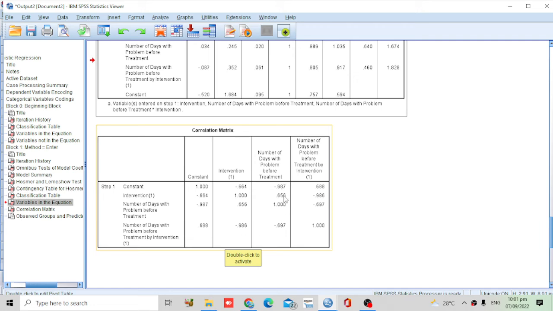As you can see also, the correlation between the intervention and the number of days with problem before treatment is also greater than 50%. So meaning there also exists collinearity. So basically collinearity exists in our final model.